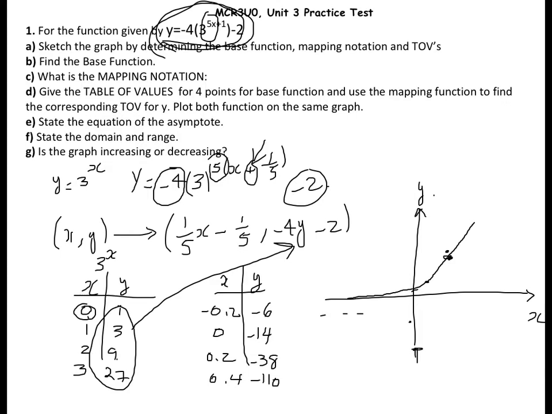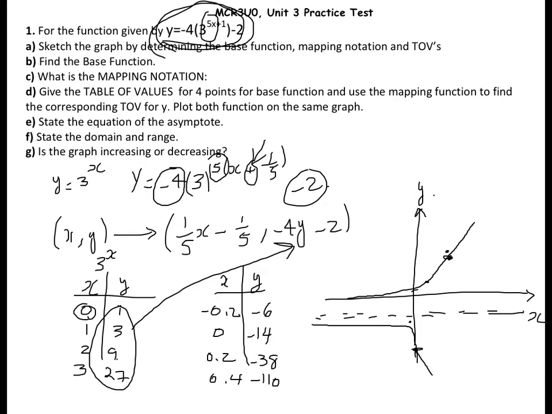So this means your graph, if this line is y equals negative 2, goes close to negative 2 but never crosses it, which is the answer to part E, which says state the equation of the asymptote, which is going to be y equals negative 2.